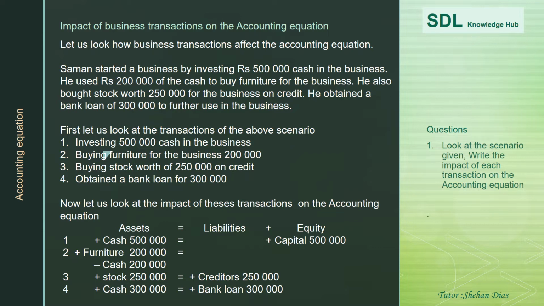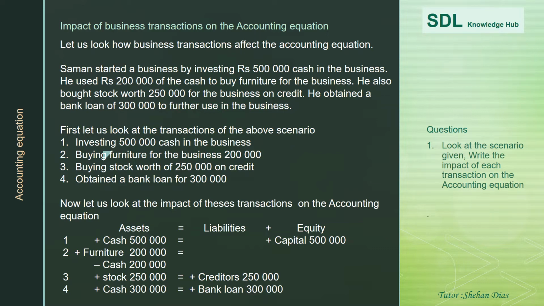Looking at an example: someone started a business by investing 500,000 cash in the business. He used 200,000 of the cash to buy furniture for the business. He also bought stock worth 250,000 for the business on credit. He obtained a bank loan of 300,000 to further use in the business.